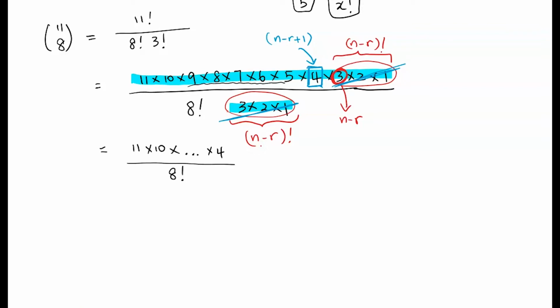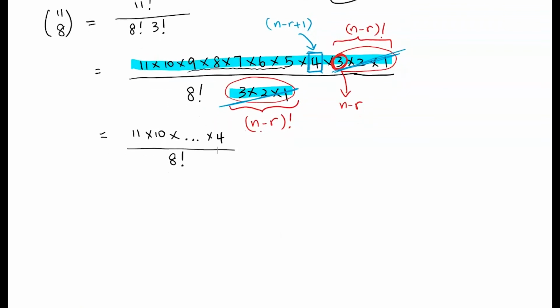This is another way to evaluate 11 choose 8. Using this example, we can write out another formula for n choose r. The denominator is quite straightforward. The denominator here is 8 factorial, which is just r factorial.